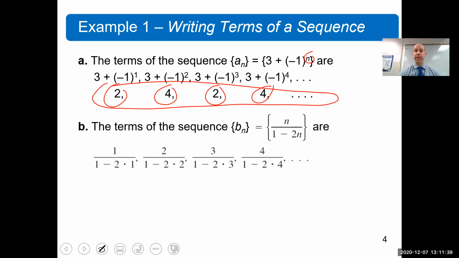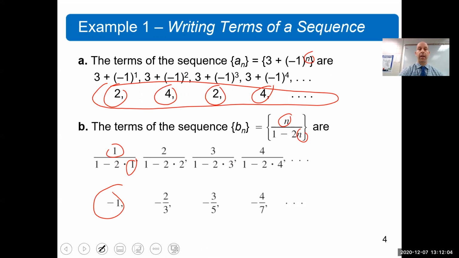Here's another example of a sequence. We'll call it b sub n. It is given by the definition n over 1 minus 2 times n. First we just substitute 1 in for n. That's going to be 1 over 1 minus 2, which is 1 over negative 1, which is negative 1.